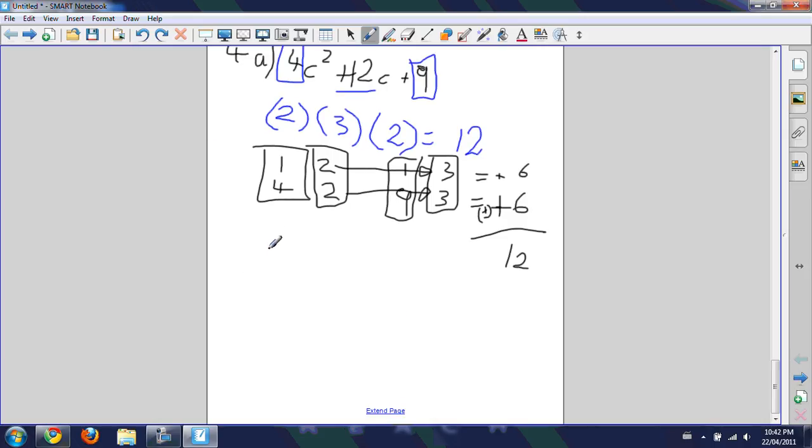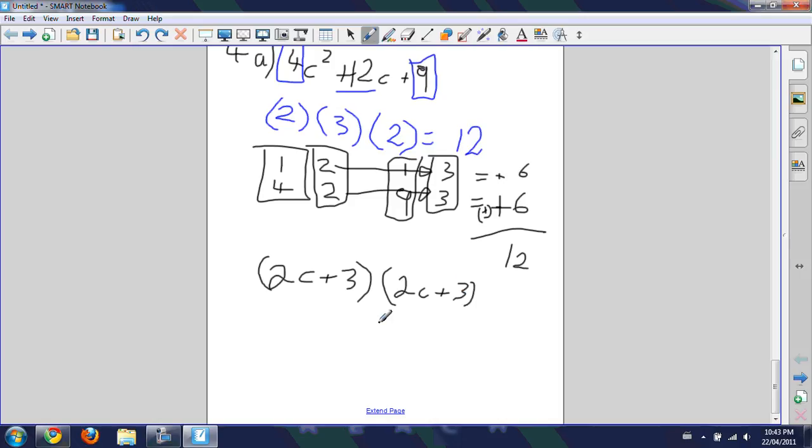And so the answer would be 2c plus 3, and the other one would also be 2c plus 3.